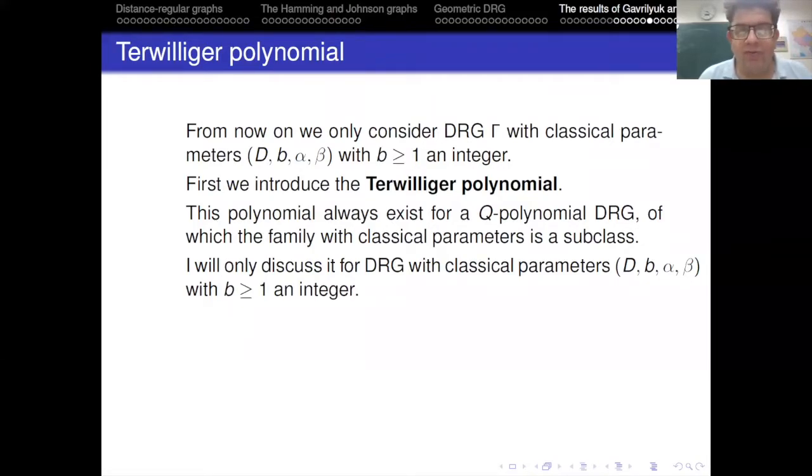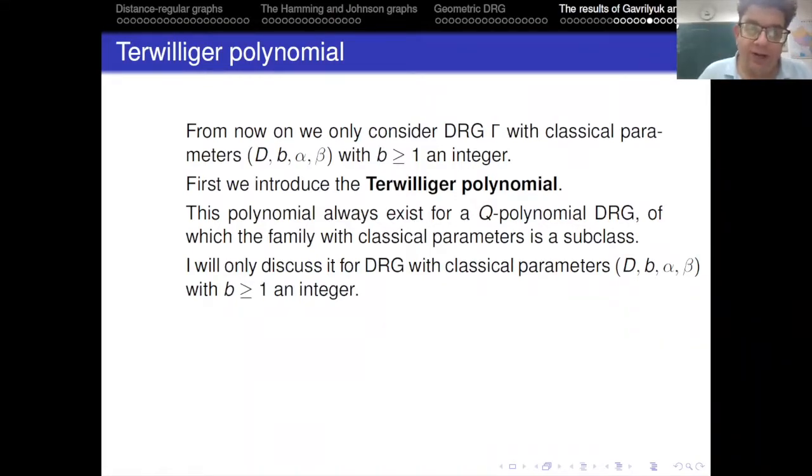One is positive and one is negative. So some classical parameters have two Q-polynomial orderings; you can write them in two different ways as classical parameters. I will only discuss this Terwilliger polynomial for distance-regular graphs with classical parameters, but it always exists when the graph is Q-polynomial.